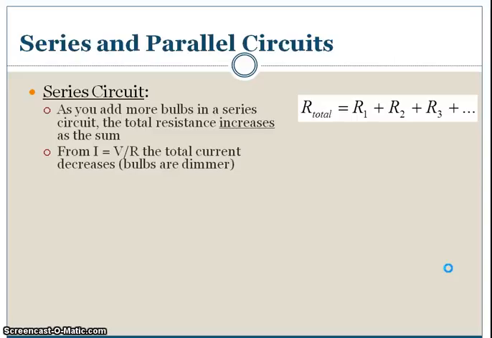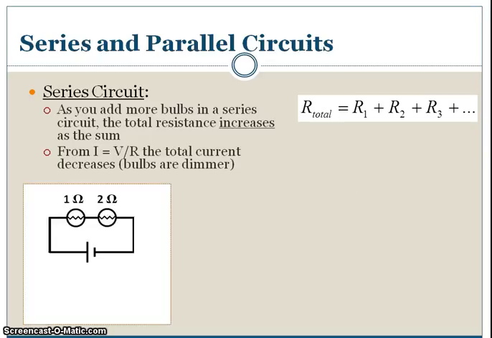It's harder for those electric charges to flow through the circuit, and if you wanted to calculate the total resistance in a series circuit, you just add up the individual resistances of each of the devices, like light bulbs or motors. And from Ohm's law, if you are increasing the resistance, your total current is going to decrease, which typically means that devices are slower or dimmer.